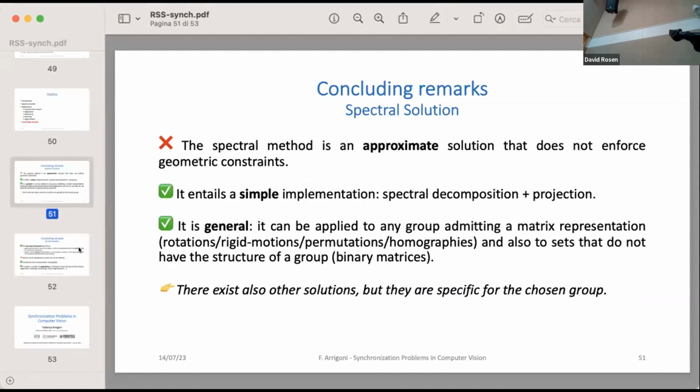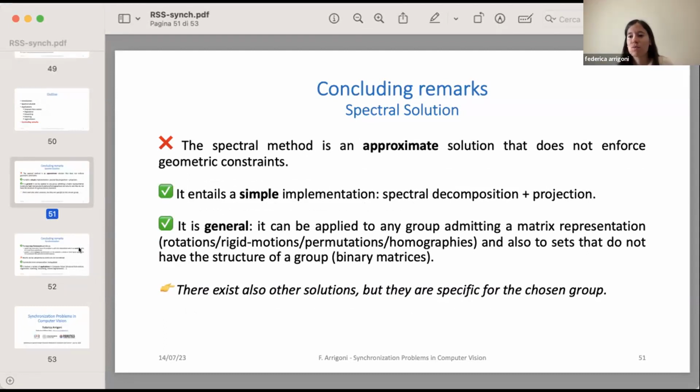But then, as you mentioned, there are these alternatives like local optimization, or lifting the problem to a larger space and then convexifying it and then projecting that to a feasible solution. I was wondering, in what situations you think I should use the spectral relaxations and spectral solutions that you describe for these types of synchronization problems?